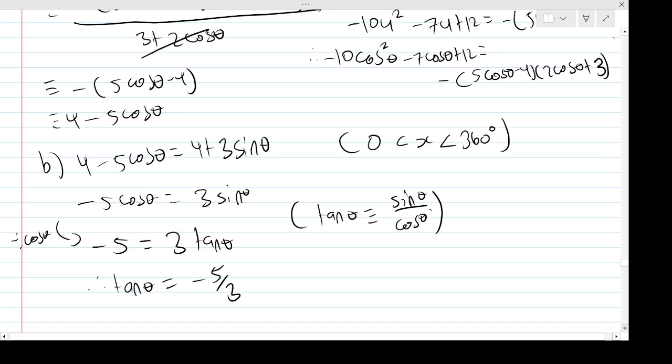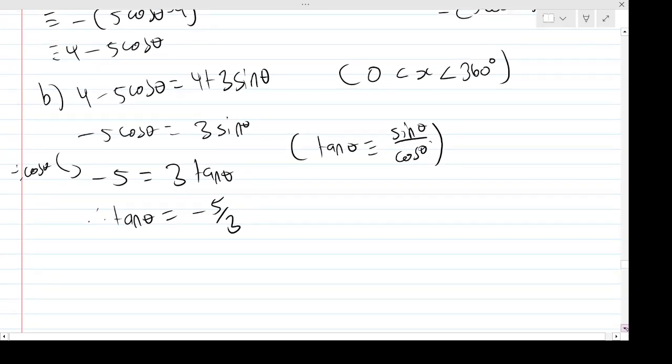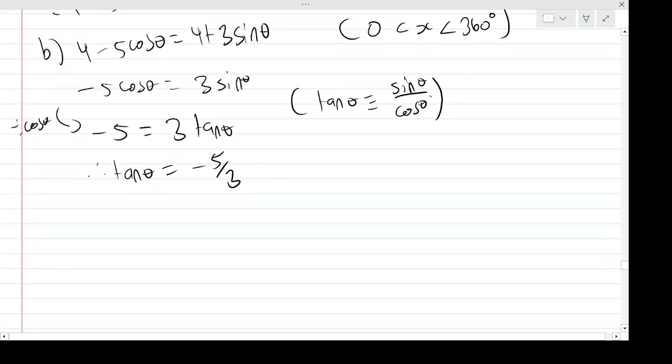Right, then we need to solve that equation. The first step is to do inverse tan to get the first solution from the calculator. Inverse tan of minus 5 over 3 gives minus 59.036 degrees.